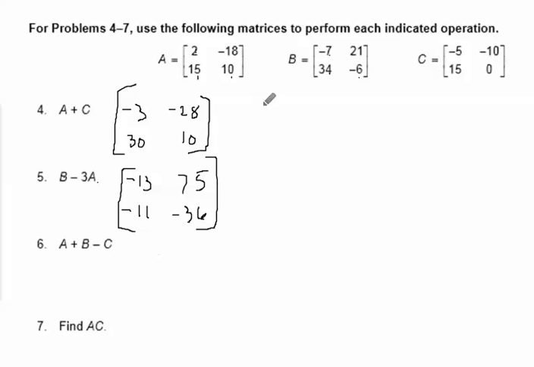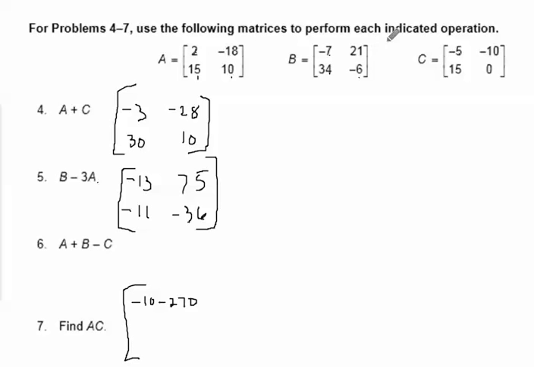Now, this last one, A times C, I'm going to take 2 times negative 5. That's negative 10. And negative 18 times 15. I can't do that one in my head. Negative 18 times 15 is a negative 270. So minus 270. That's going to be the first entry.